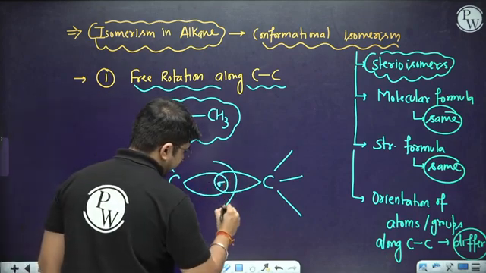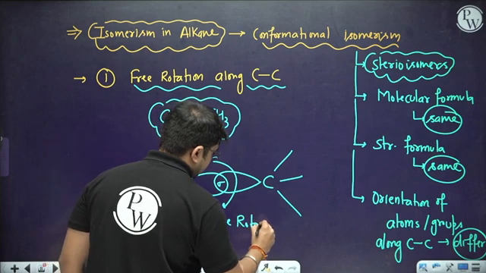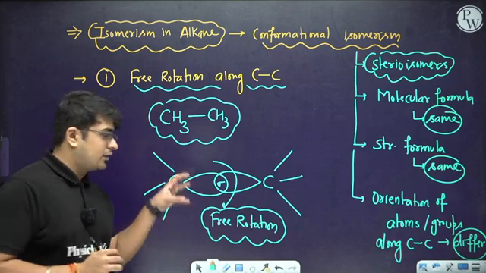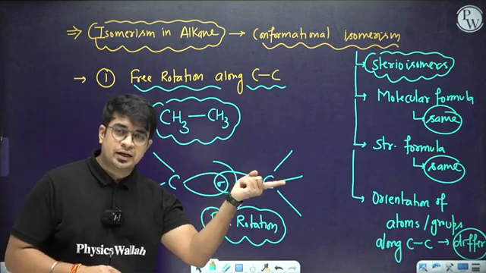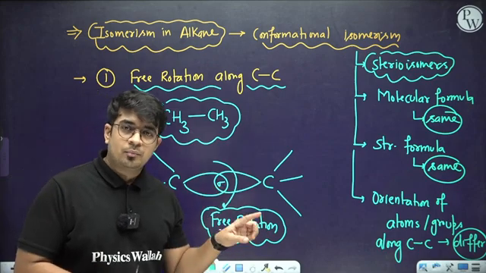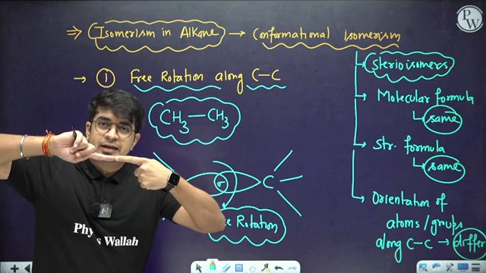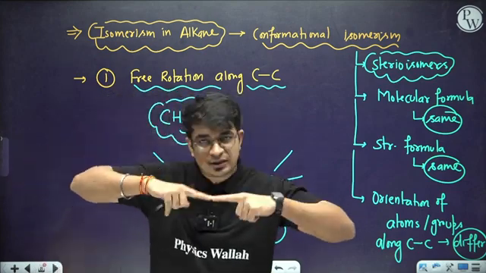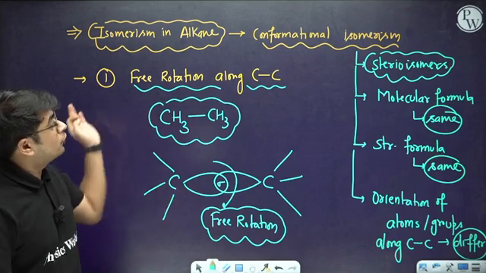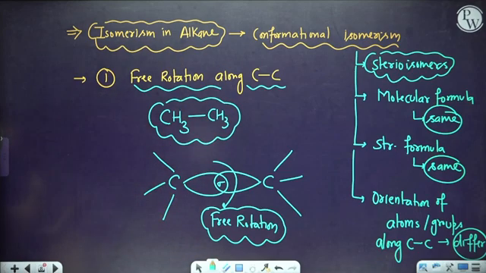This bond has the condition of free rotation. It's like you have a fixed wall and you are rotating a screw. You can tighten the screw or loosen it by moving in different directions. So if I fix one carbon, you can rotate the next part along the same axis. That is the free rotation. This condition should be there if you want to talk about conformational isomerism. I hope this entire part is clear.